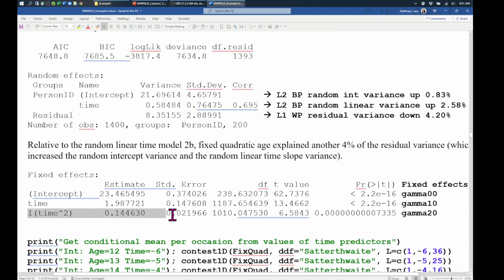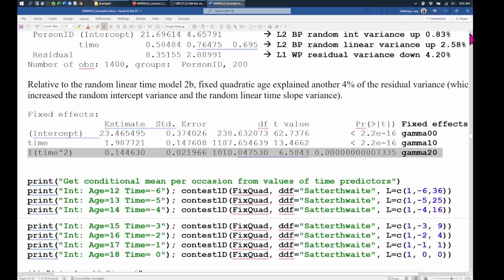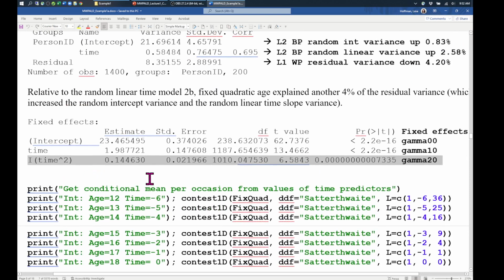Because it's a fixed effect, we can stare at the p-value that goes with it. Survey says, yes, significant at a conventional alpha level of 0.05 or even 0.01, so that means that we need to keep it. Its inclusion further reduced the residual variance by another 4% relative to the previous model.